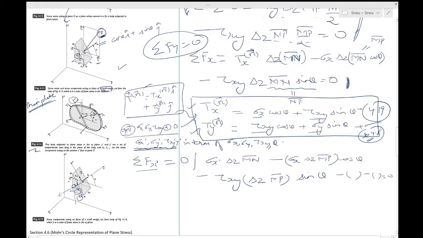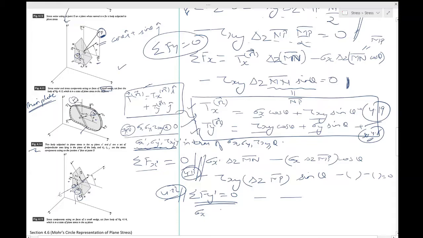which is there in your book as equation 4.21. You repeat the same analysis for sigma y dash equal to 0, and you find another such relationship. You want to now convert this 4.21 and 4.22, and once you do some trigonometric relationships which you have to apply, you should be able to get this.